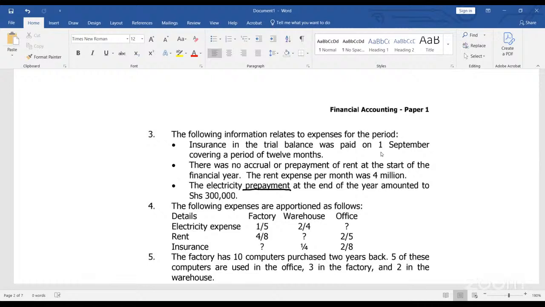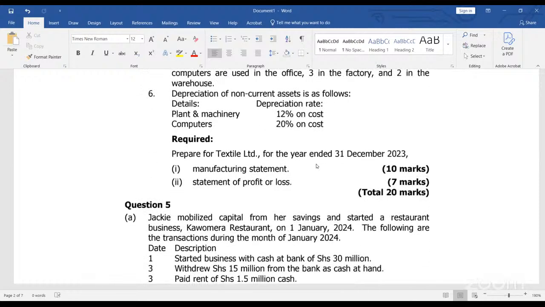Insurance, the trial balance was paid on 1st September, covering a period of 12 months. But you're closing on 31st December 2023. Don't forget.